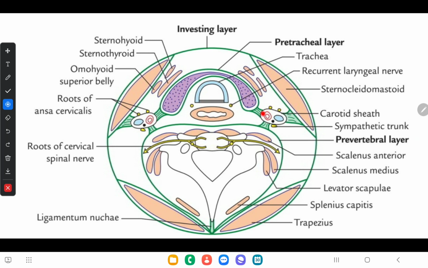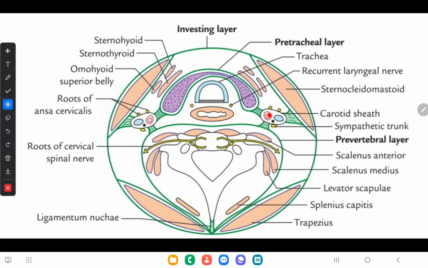You can see the contents of the carotid sheath very clearly here. The carotid sheath contains the common carotid artery up to the upper border of the thyroid cartilage and the internal carotid artery above this level. There is an internal jugular vein in the entire extent of the sheath as a lateral relation to the artery.